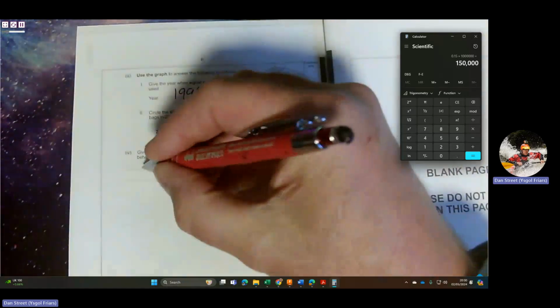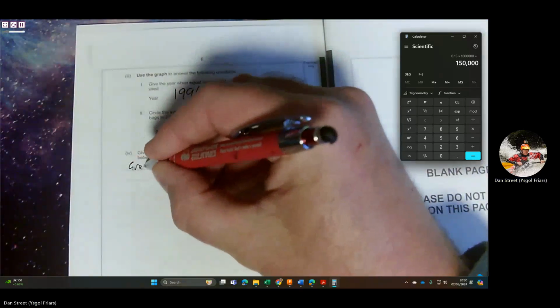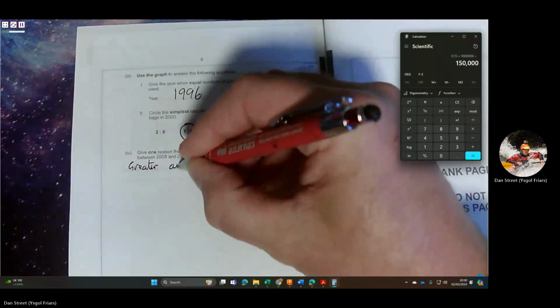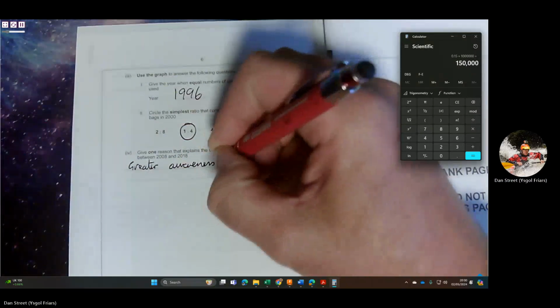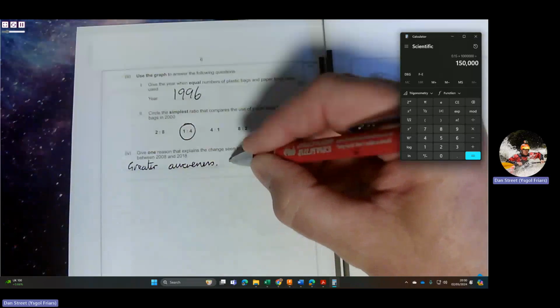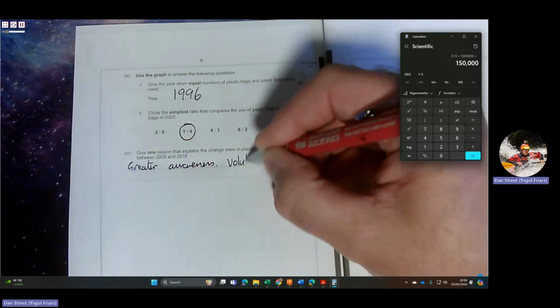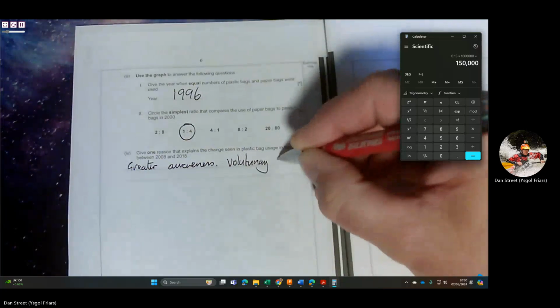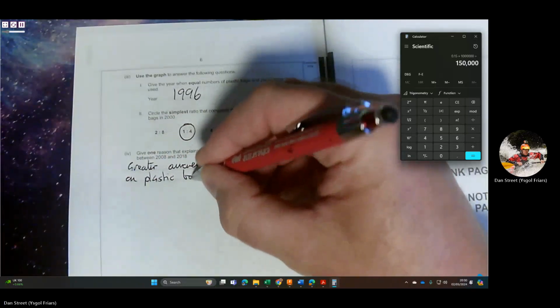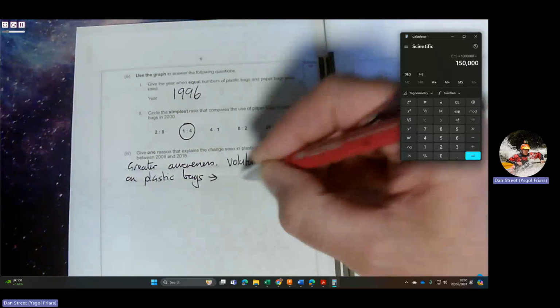And then give one reason that explains the change seen in plastic bag usage in Wales between 2008 and 2018. Okay, so this is sort of a knowledge question. There's various reasons here. There is a greater awareness of the problems with plastic bags. Initially there was a voluntary charge by shops on plastic bags, and that became a mandatory charge.